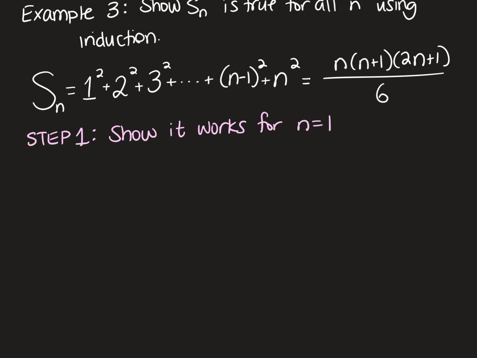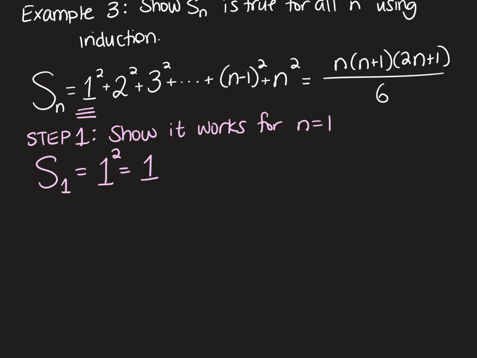Okay, so to show that it works for the first term, we're saying the first term is 1 squared. So S sub 1 would be 1 squared. If we square 1, that's just 1. So in order for us to go any further with this process, I have to make sure that when I plug 1 into this expression, I get the same thing I got here, which just so happens to be 1 as well.